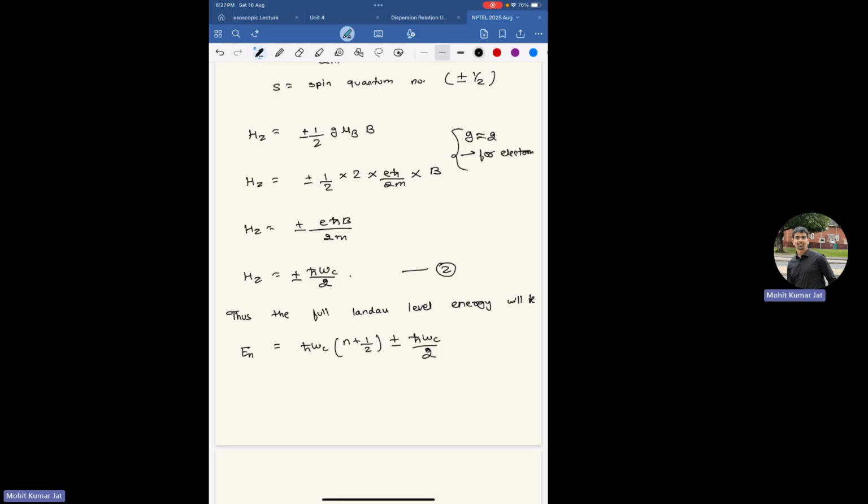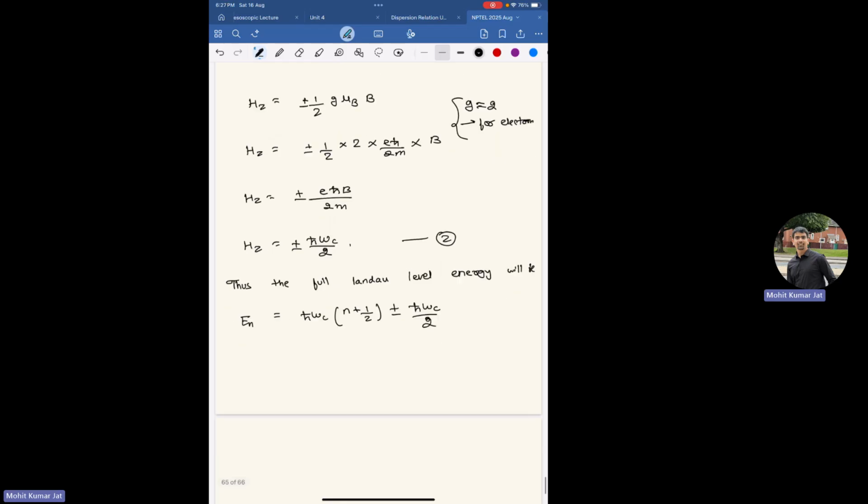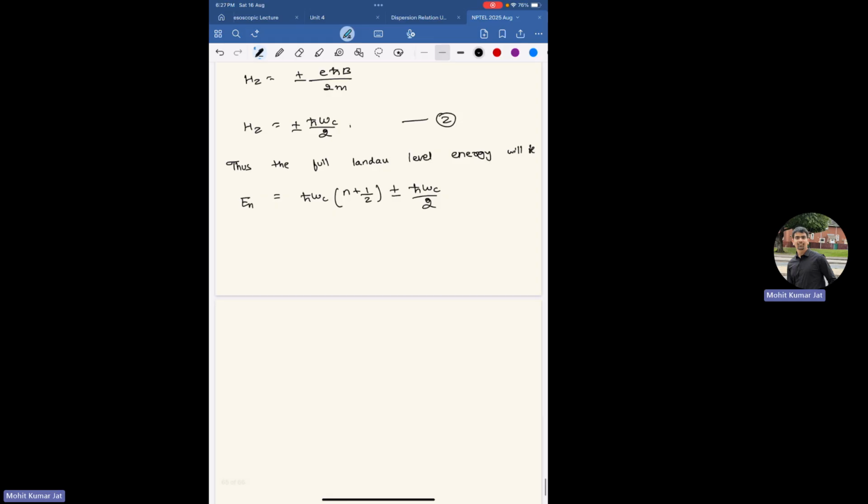So this Zeeman splitting which you are seeing, basically, if I ask you what is the difference between E_n plus and E_n minus, you will directly say that this is h bar omega c. And remember, this h bar omega c is also the energy difference between two Landau levels.